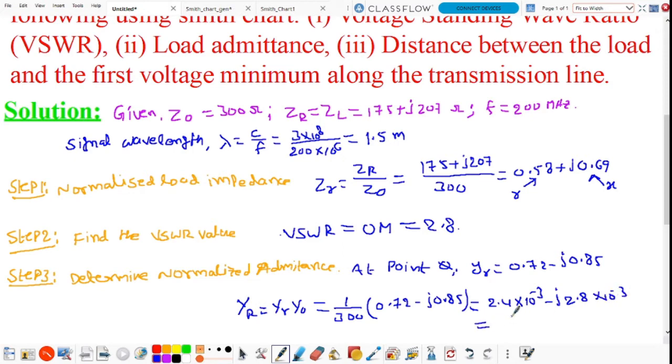So that is equal to 2.4 minus j 2.8 millimhos.